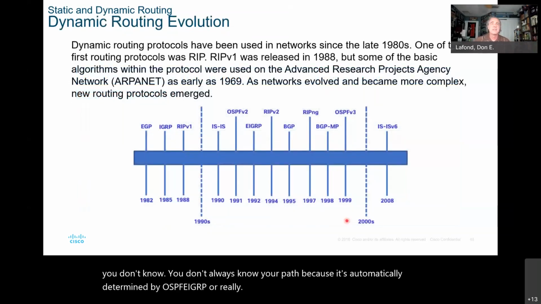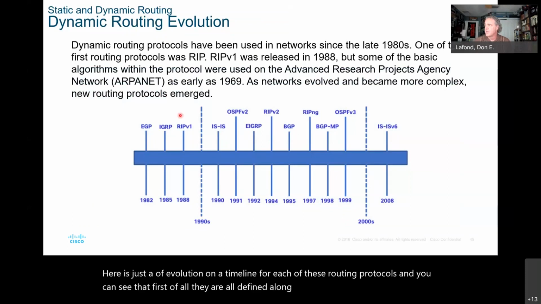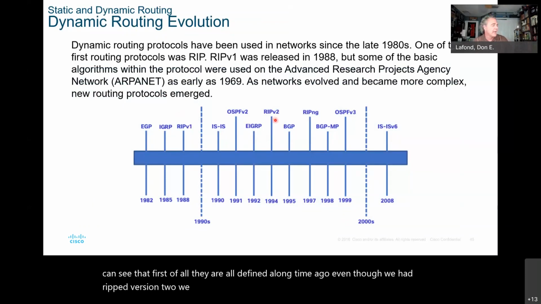Here is an evolution timeline for each of these routing protocols, and you can see that, first of all, they were all defined a long time ago. Even though we had RIP version 2, we actually taught all the way up to Cisco NetAcad version 6.